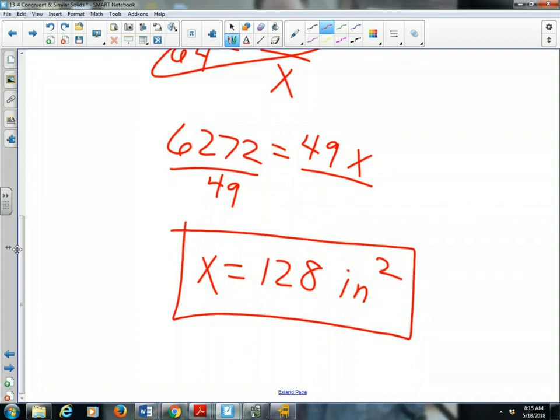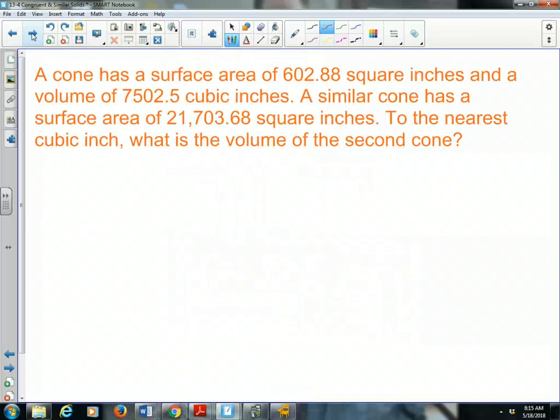Our last one, very in depth here. It tells us that we have a cone that has a surface area of this much and a volume of this much. And then we have a similar cone, so a similar solid. It has a surface area that's bigger, right? So what is the volume of the bigger cone? Okay, so let's find the ratio of the surface areas, because we know both surface areas.